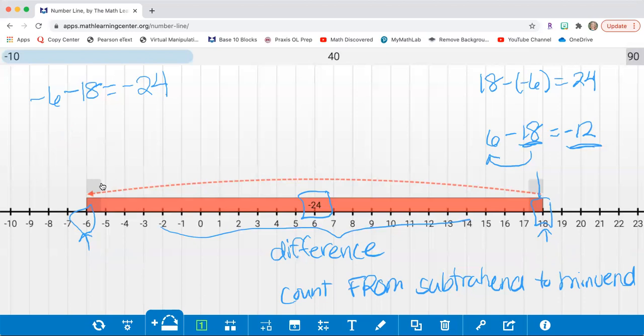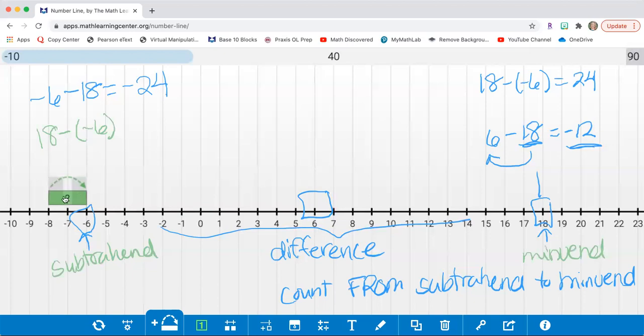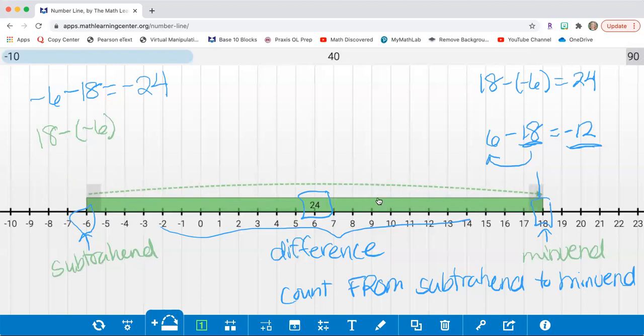Just to reiterate, if it was 18 minus the -6, now -6 would be the subtrahend and 18 would be the minuend. So I want to start from my subtrahend, from -6, and count to 18. And that's how we get the positive, this +24. So you always start from the subtrahend and count to the minuend when we're talking about the number line.